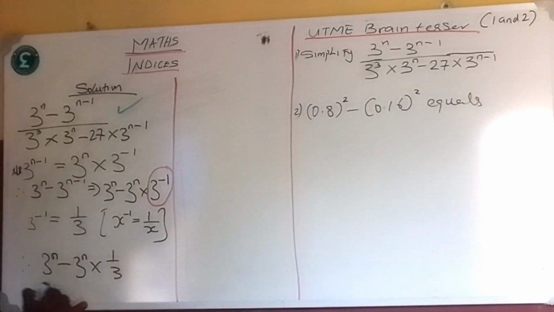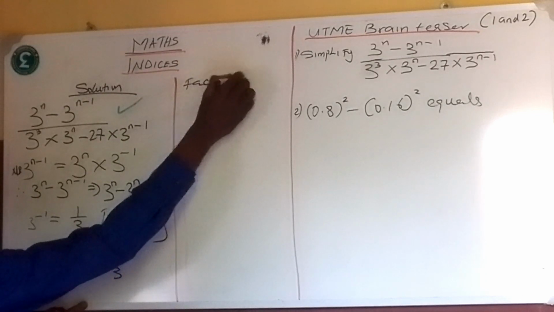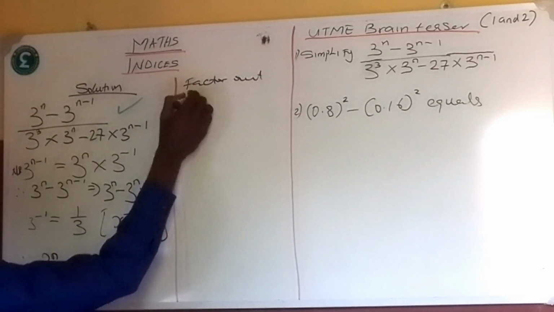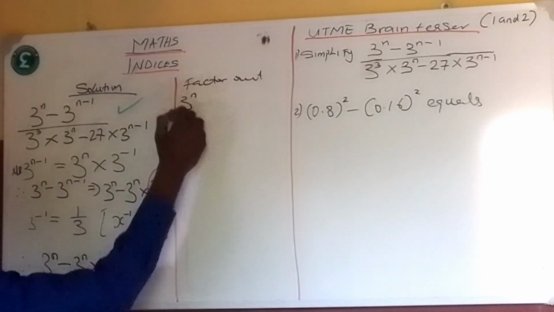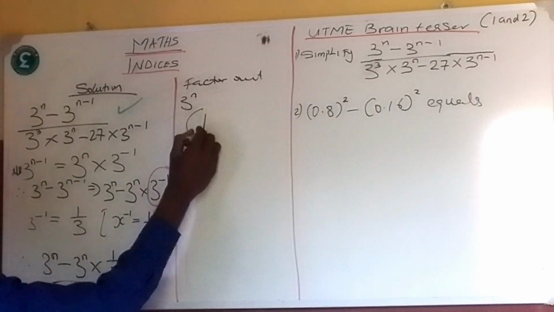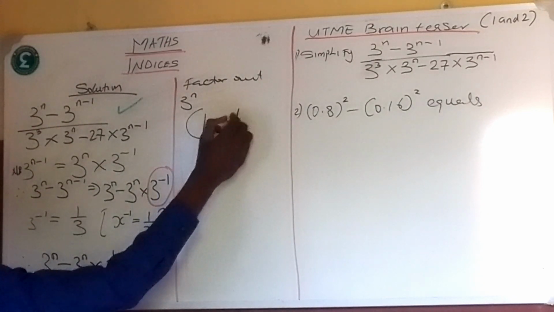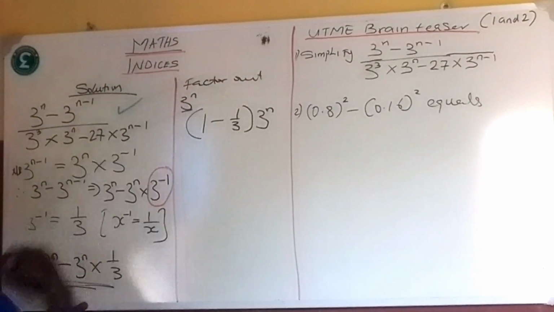What I need to do is factor out 3 to the power of n from this expression. So the expression will now become 1 minus 1 over 3, in a bracket, times 3 to the power of n.